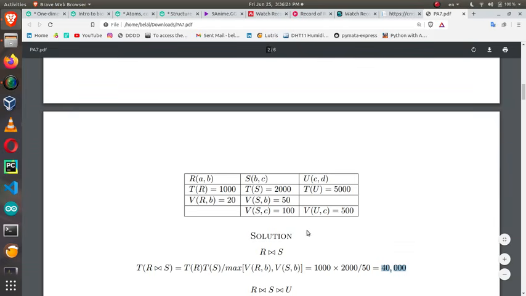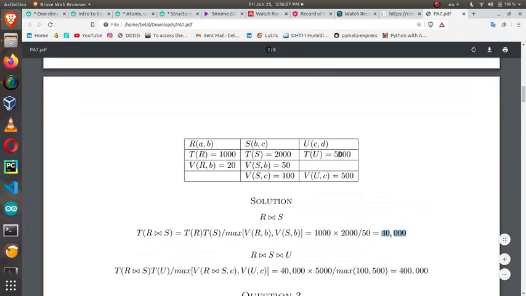Multiply the 40,000 by 5,000 over the maximum of the number of distinct values for attribute C in relation U and the number of distinct values for attribute C in relation S. Remember that when we join 2 relations, the resultant tuples contain the attributes of both relations.